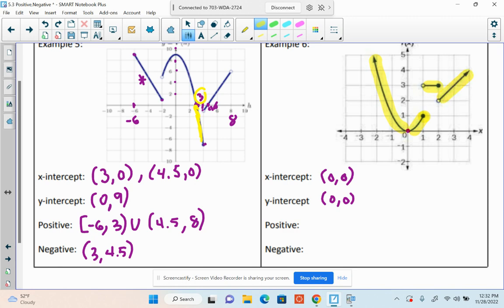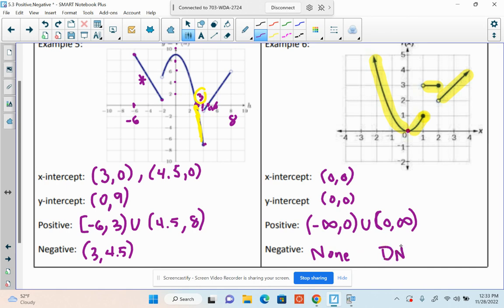So it's positive everywhere except at x equals 0. How are we going to write that? Well, we're going to go negative infinity to 0. We cannot include 0. So then we'll do a union. We'll pick up again 0, infinity, but we've left out the 0 because those are parentheses. And then negative, it's never negative. So we say none, or D and E, whichever one of those we need to use in the homework assignment. And that is 5.3.